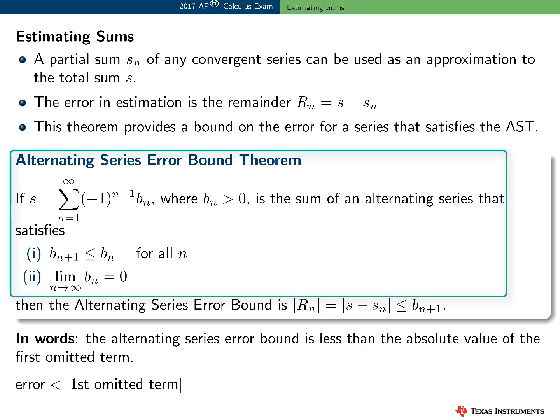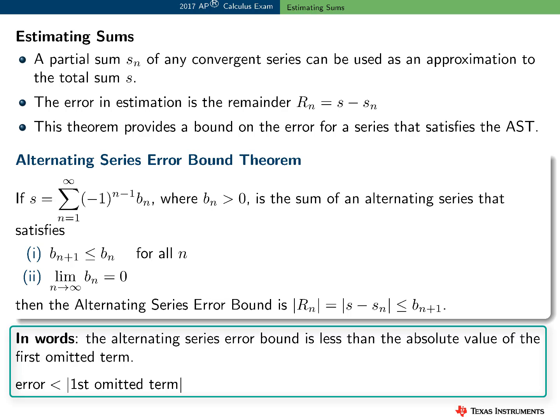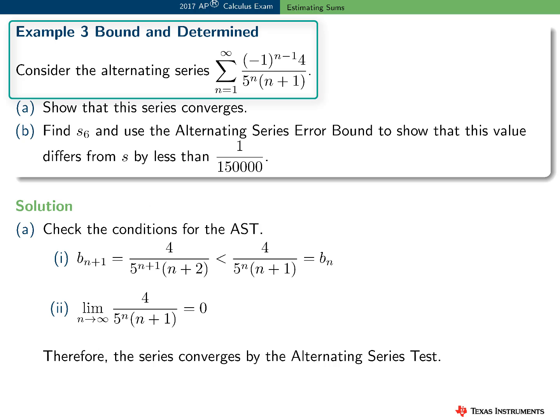The alternating series error bound theorem says that for an alternating series that satisfies the conditions of the AST, the error bound in using the nth partial sum is the positive part of the next term in the series. In words, the alternating series error bound is less than the absolute value of the first omitted term of the series.